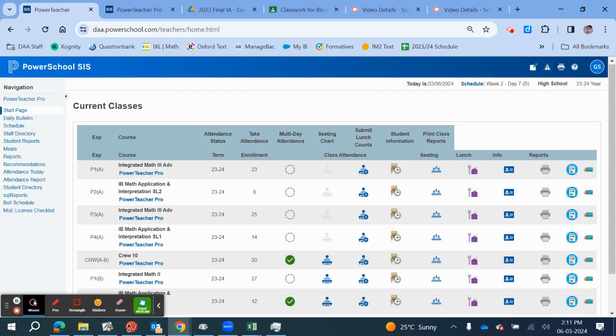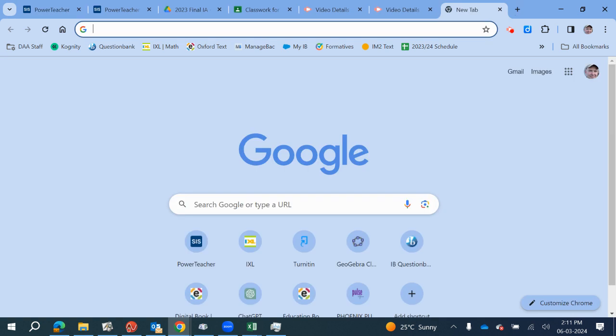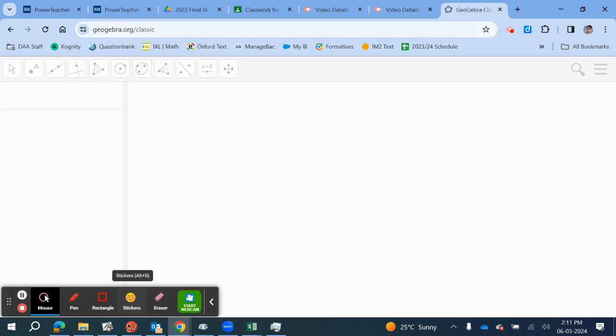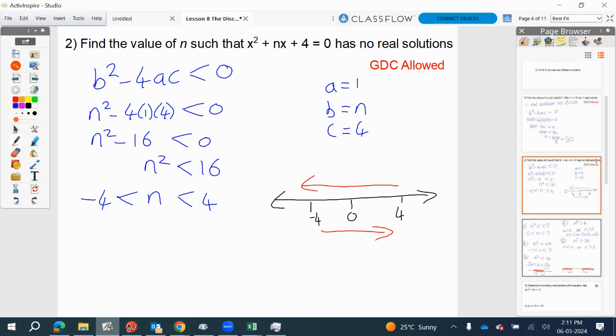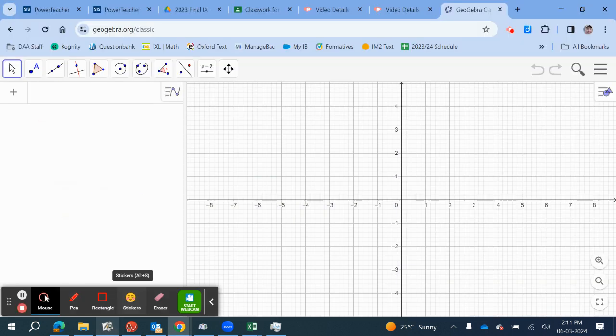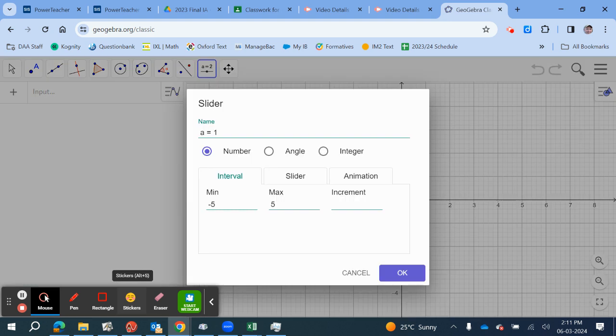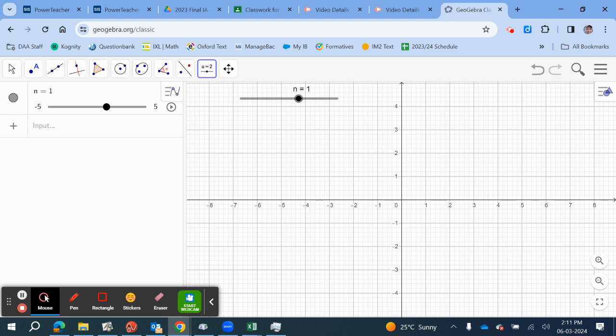Let's have a little look at what these mean visually. Our equation, where is our equation? x squared plus nx plus 4. So let me give my little slider here. I'll call this one n. So there's my n.